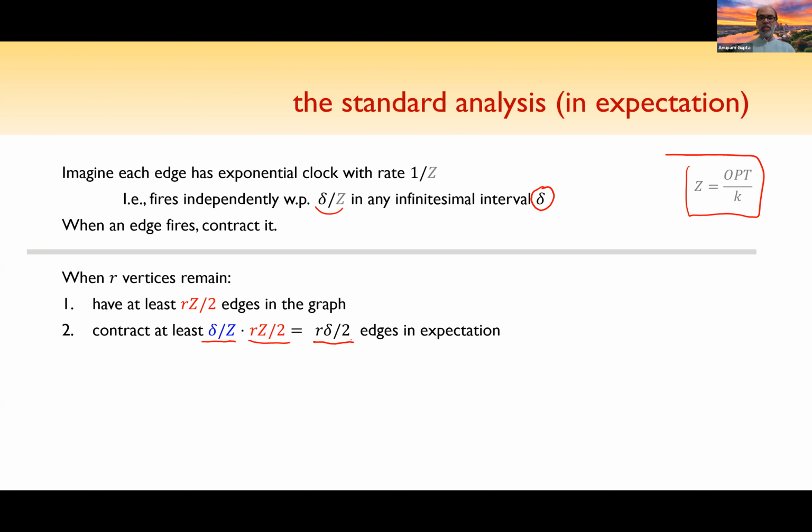This is how many edges I'm contracting in delta time in expectation. And as delta tends to 0, the number of edges and the number of vertices being contracted are almost the same. No cycles are being contracted. I'm waving my hands here, and I realize that, and the formal proof handles all these things, but I want you to get the intuition.